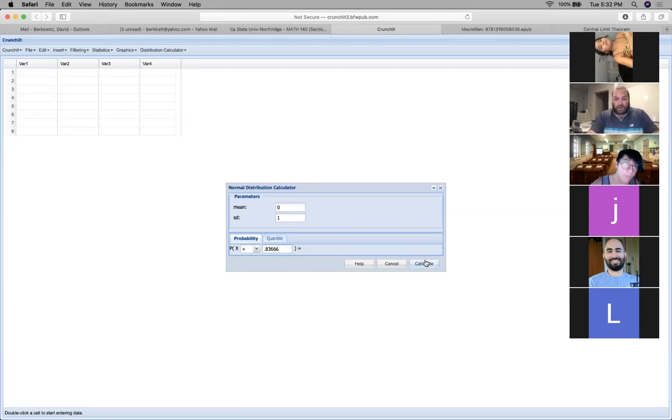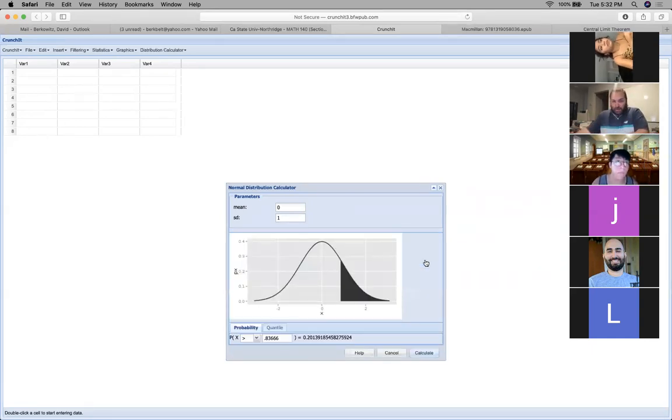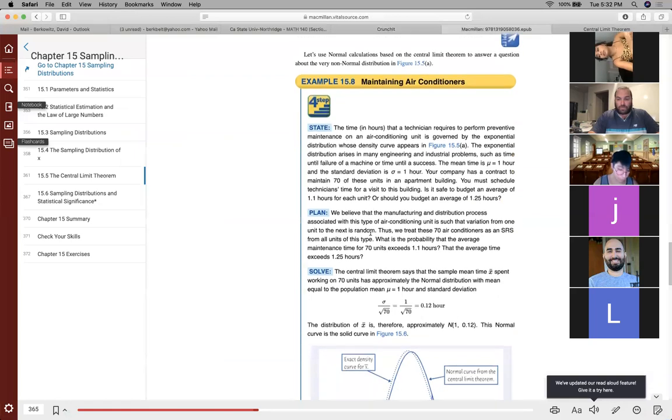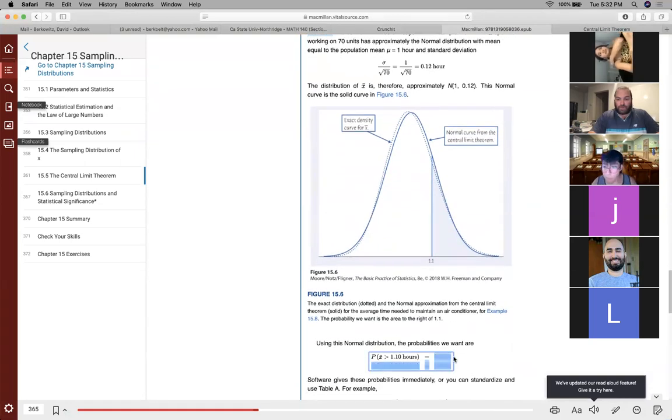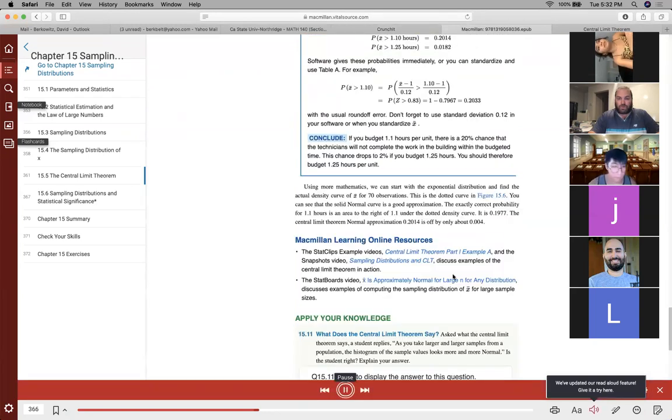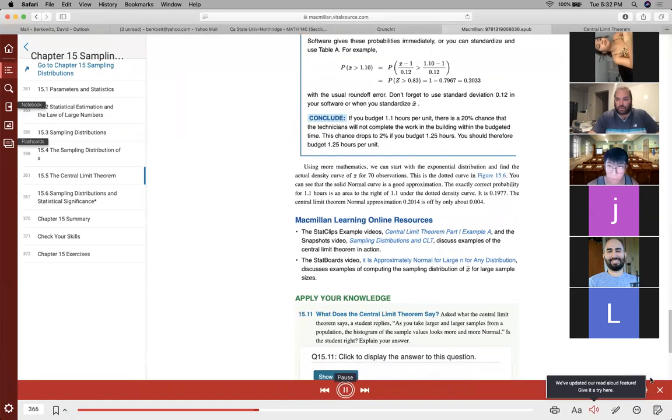So it gives me that there is approximately a 20% chance that I will need more than 1.1 hours per unit. 0.2014.